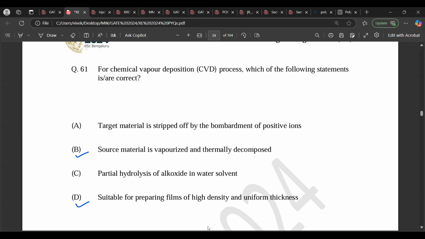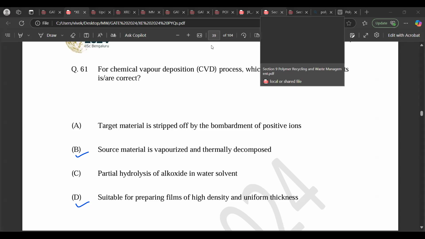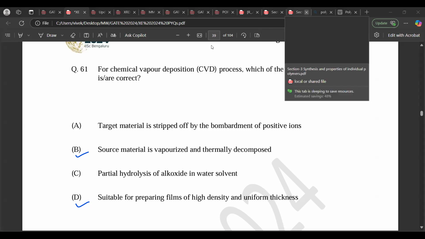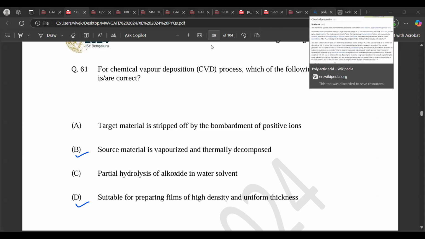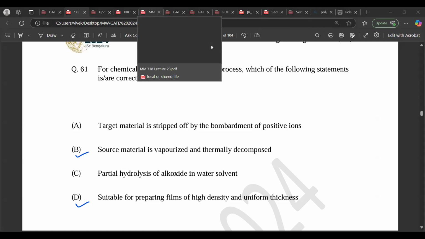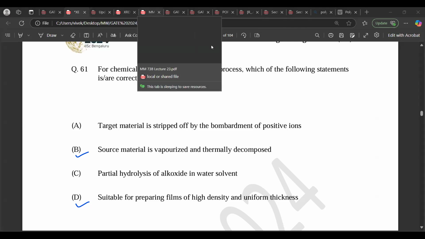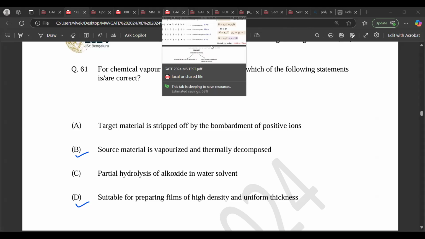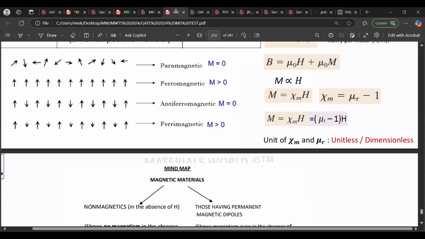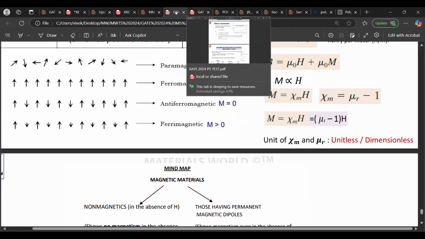I cannot even imagine. Okay, so let me open the PDF, the notes that I've shared with you all, the material science GATE MST PDF that I have already shared with you all.